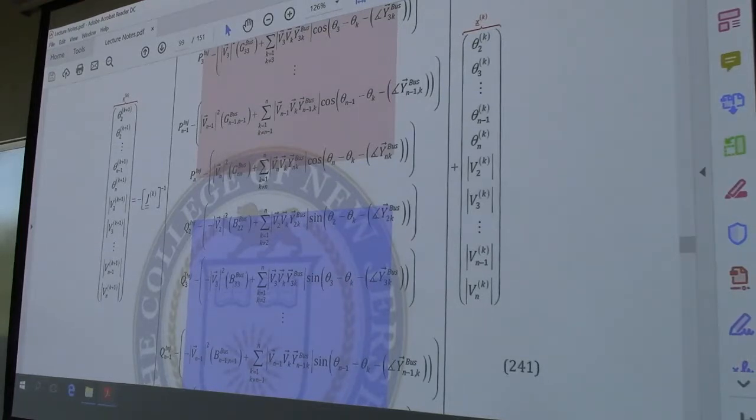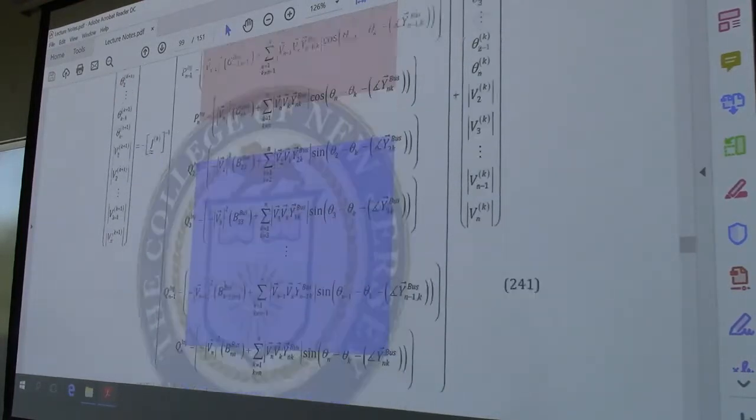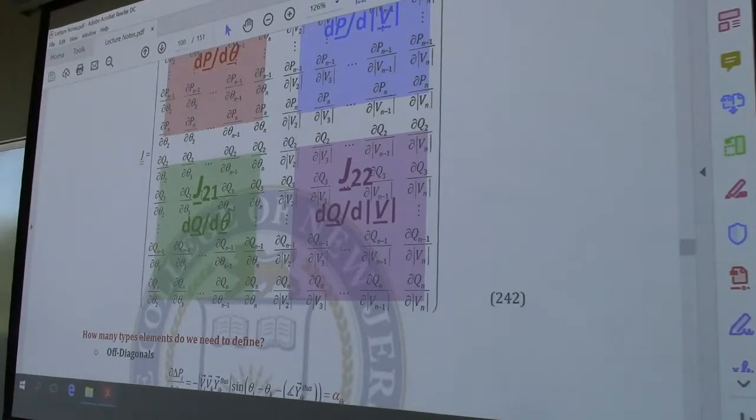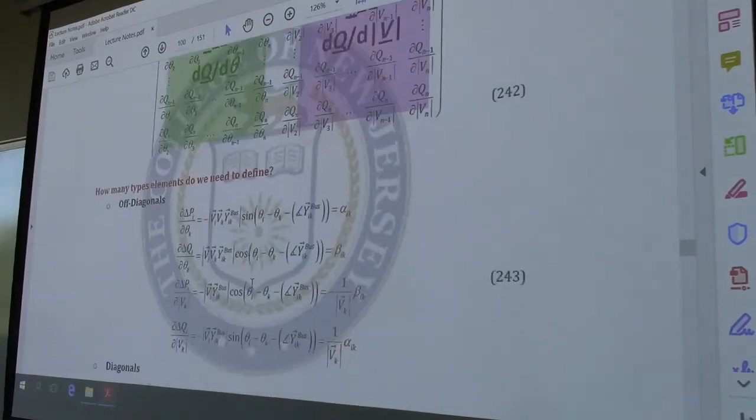Then down here, anything associated with Q3 goes away. That's one entire row. And anything associated with V3, that column goes away. You shouldn't have a Q3 or a V3 show up in these arrays or matrices.